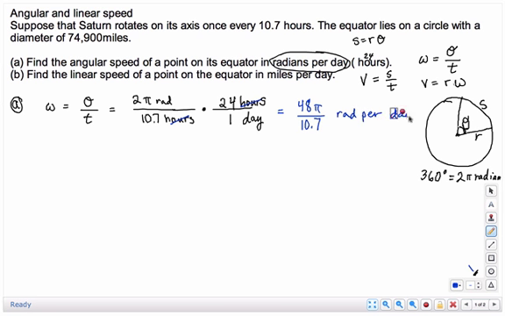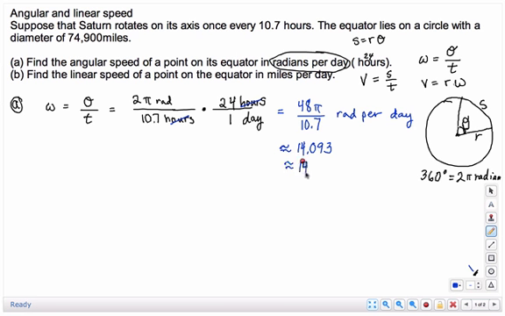If I plug this into my calculator, 48 times pi divided by 10.7, that gives approximately 14.093. It asks you to round your answer to the nearest whole number in ALEKS.